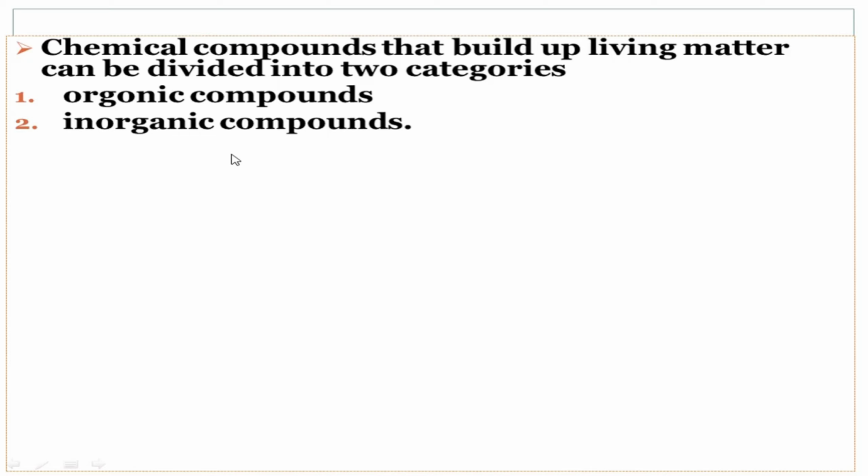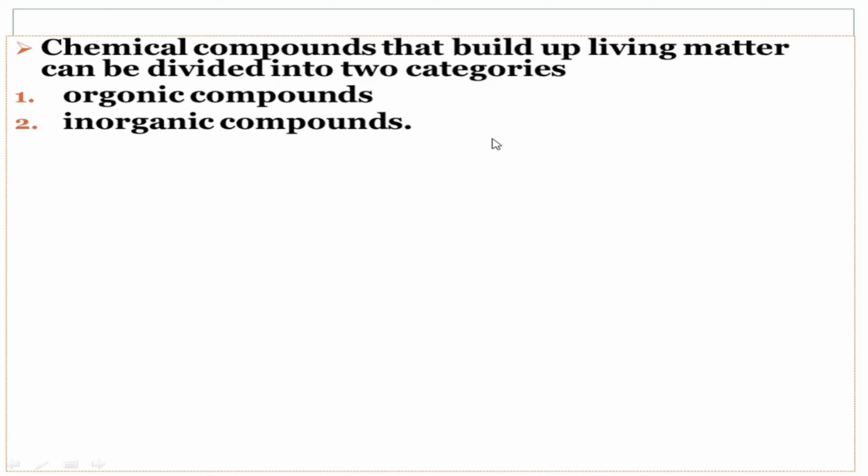Right, in my previous slide I told you there are some elements contained in nature. Among them, 25 elements are contained in the living body. After that, we learned about the four most common elements and other elements contained in the living body.